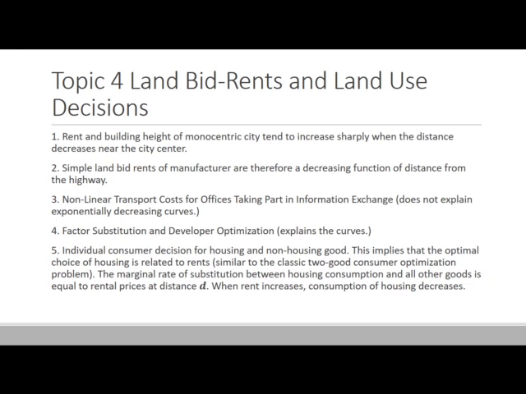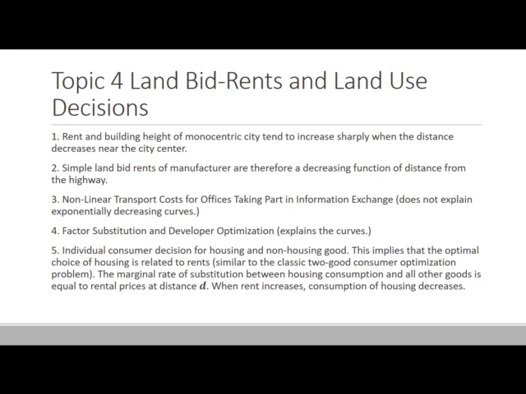Okay, and finally, we studied a situation where individual consumers choose between housing and non-housing goods. The key idea is to explain why people tend to live in smaller places when they are in the city center. In this case, you remember that we have this utility maximization problem.